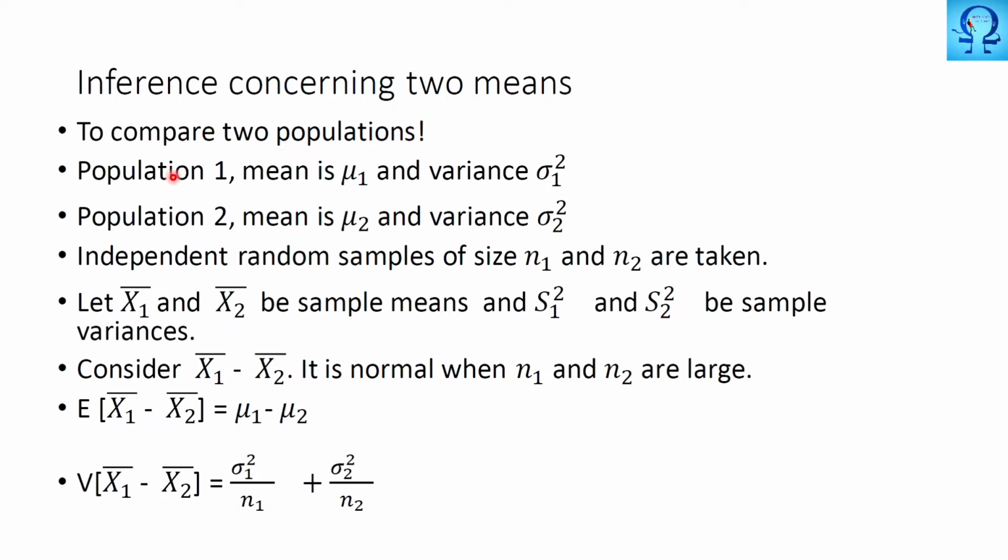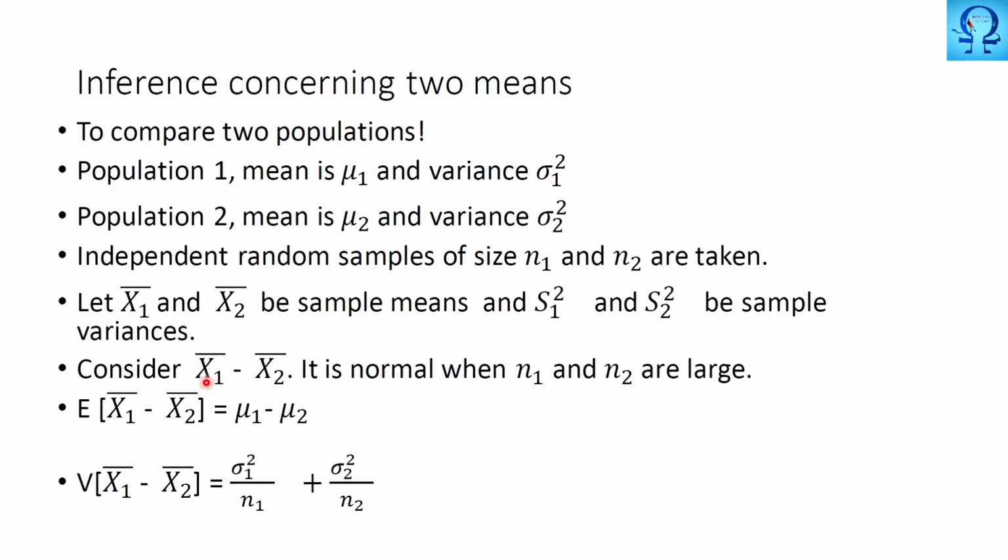From population 1, the population mean is denoted as mu1 and the variance is sigma 1 square, and similarly for population 2. Here, from the two different populations we have taken two different random samples of size n1 and n2. For these independent samples we calculate the sample means and sample variances.